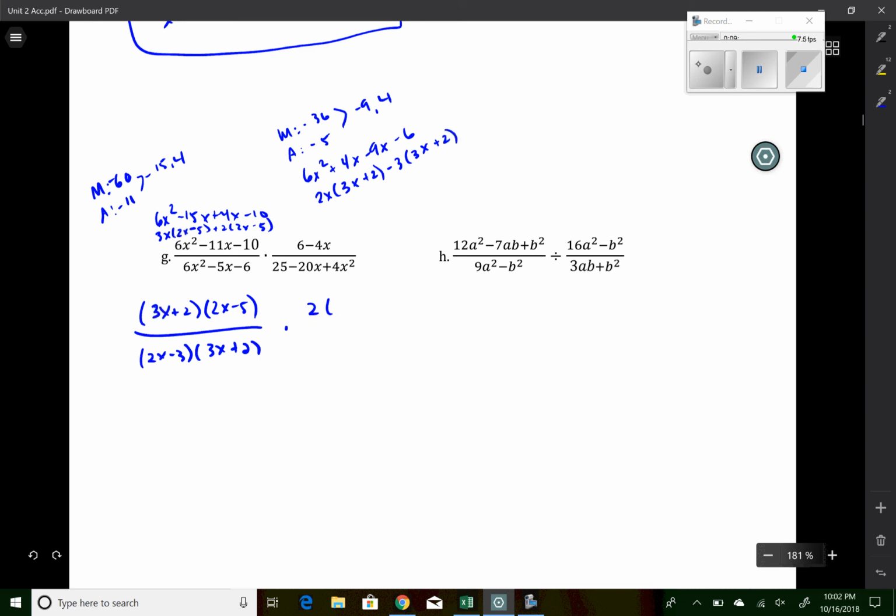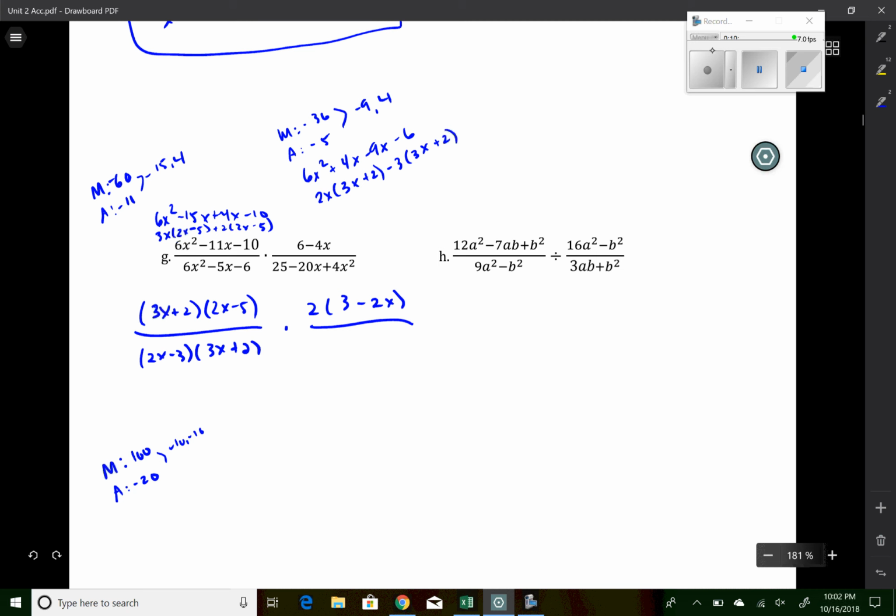GCF 2, 3 minus 2x, and another one of those AC method ones. Now for that AC method one, I can reorder that if I want. So what multiplies to make 100, what adds to make negative 20. That would be negative 10 and negative 10.